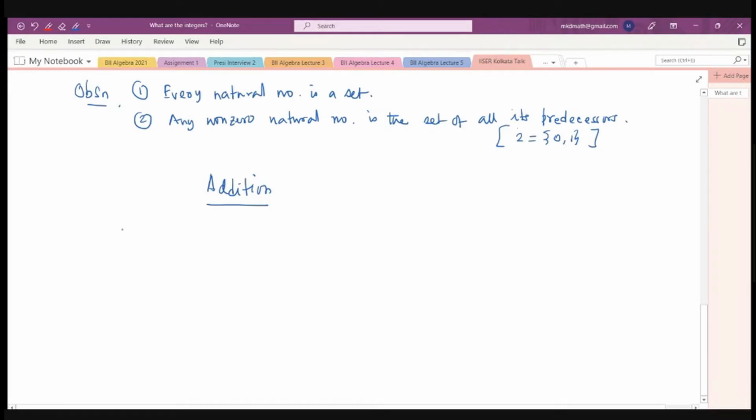Define plus on the natural numbers as follows. So first declare n plus 0 to be equal to n for all n.